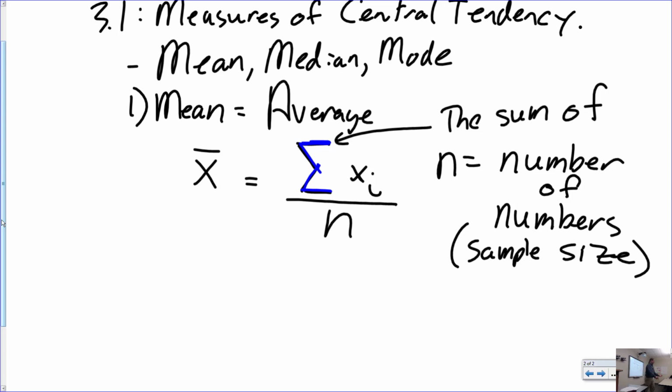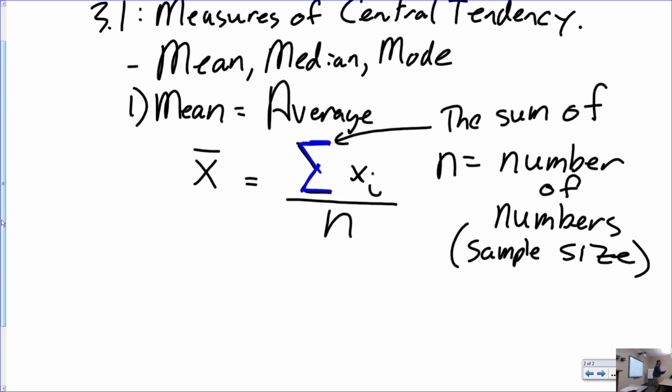Or the number of numbers that you've collected in your data set. All right, so basically what this little math symbology means is add up all of your variables x, i.e. add up all of your numbers, and then divide by the total of your numbers, or the number of your numbers. Hence, it's the exact same thing that you think it is, the average, okay?